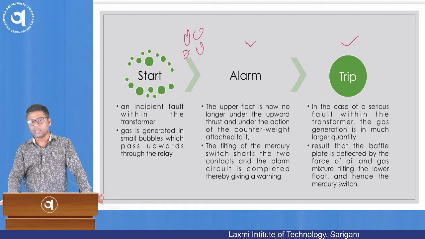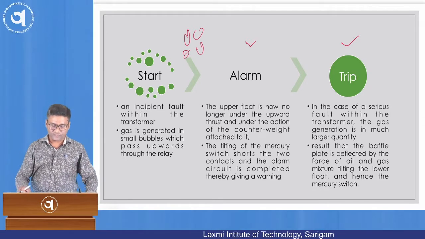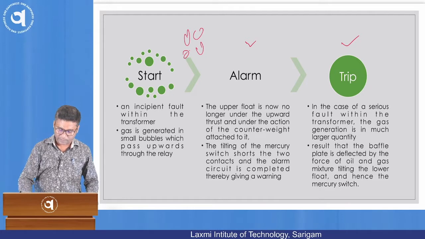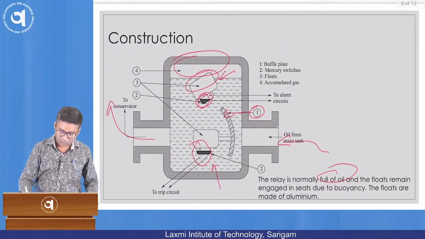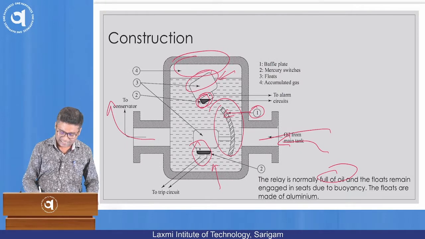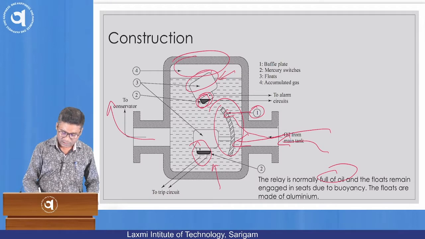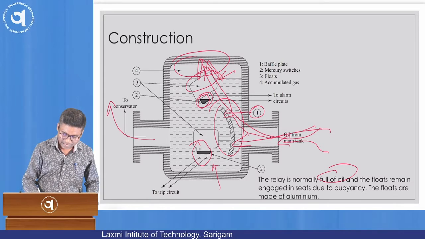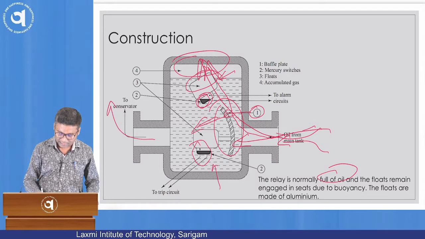It is not like bubbles now. As a result, the baffle which we showed in the previous PPT, I will show you once again, is no longer in this particular condition, because the large gases rush inside like this, as I have shown by my arrow, and push this baffle plate slightly downwards, and hence it is attached to these switches.